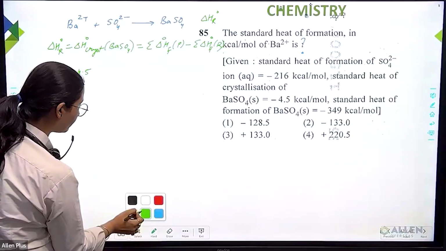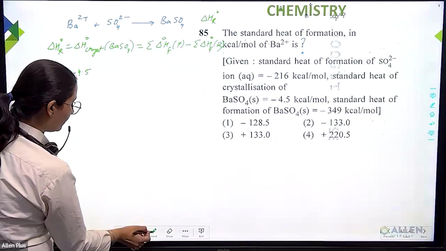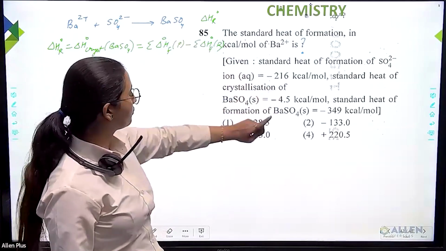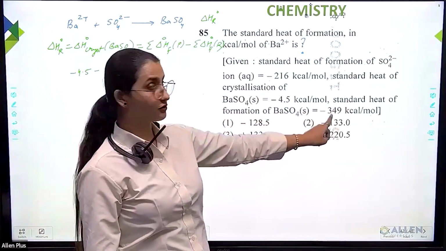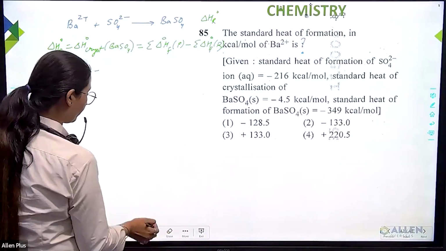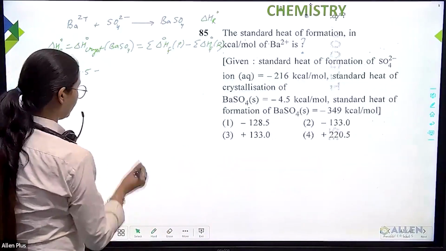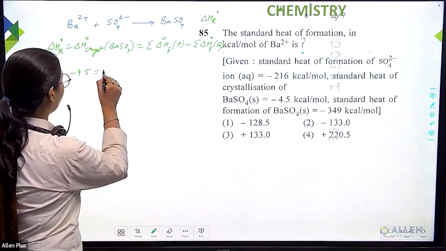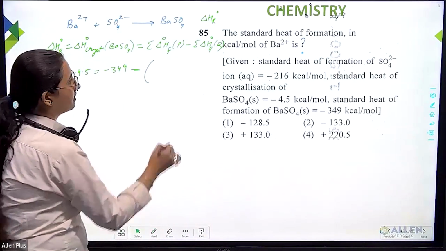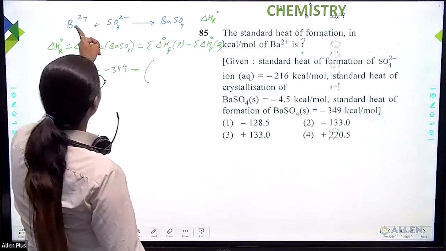Let's solve numerically first. This will be equal to, what's the product, students? BaSO4. Heat of formation of BaSO4 is minus 349, minus, in reactants what do we have, students?